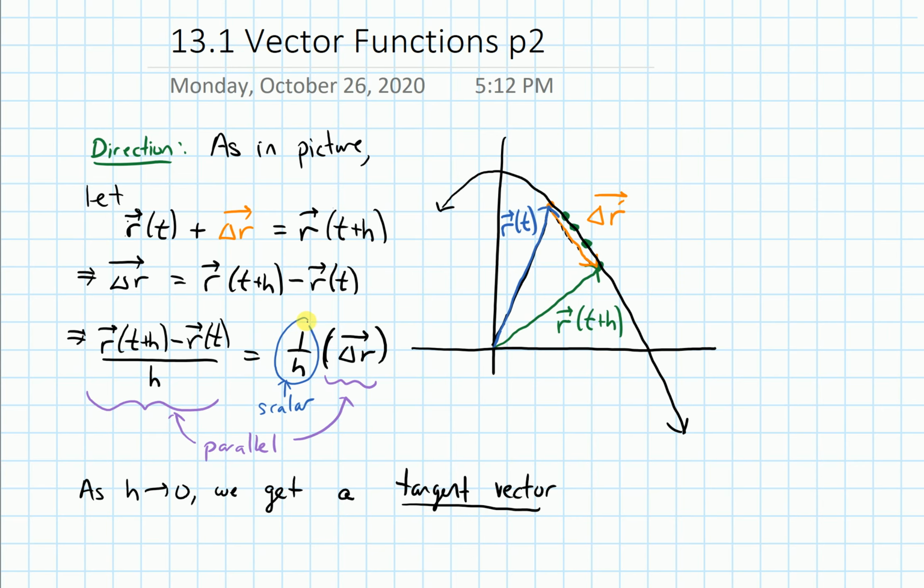So the right-hand side is going to become a vector that is tangent to the curve. The left-hand side is the derivative. So the derivative is equal to a tangent vector.